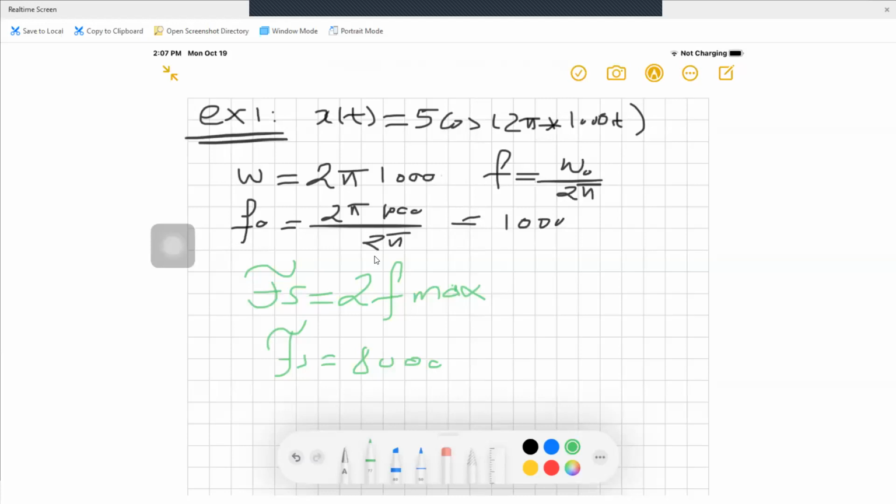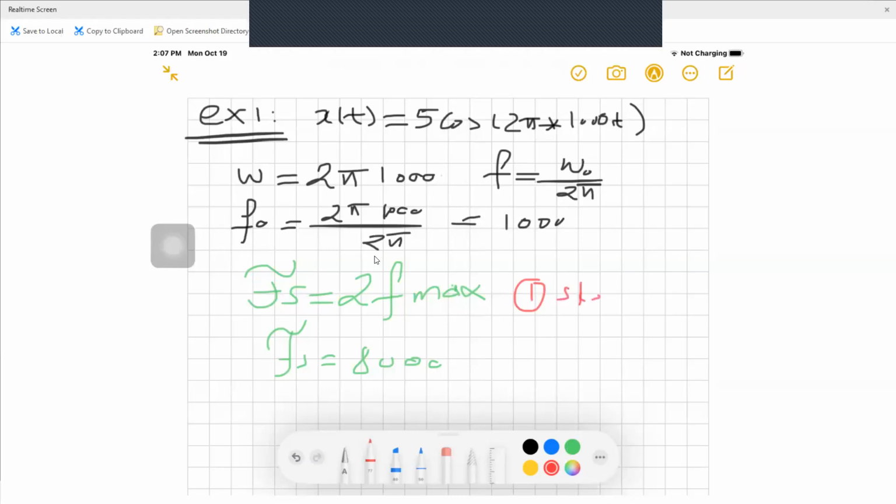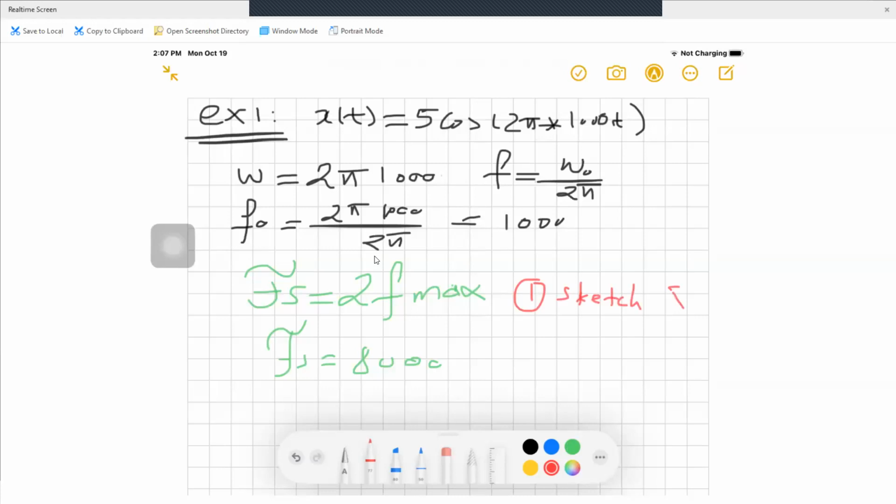Now, what are the requirements for this problem? First requirement: sketch the spectrum of the original signal, I mean sketch X of f.